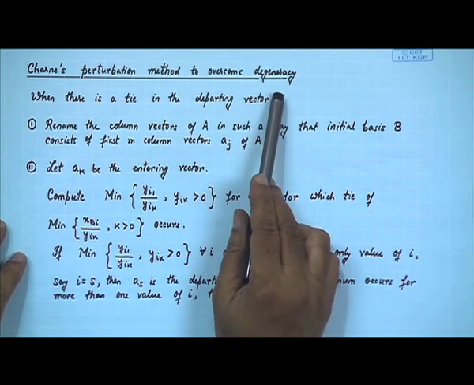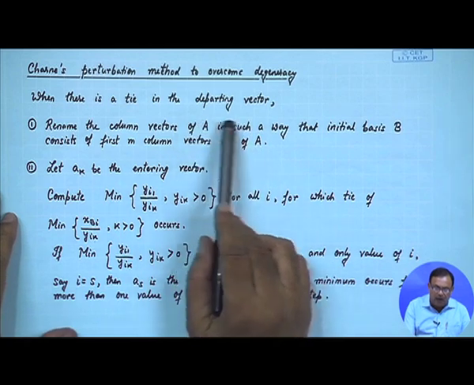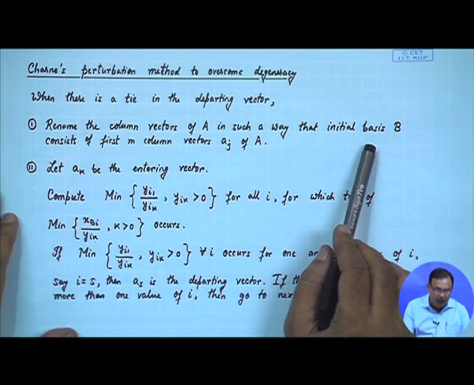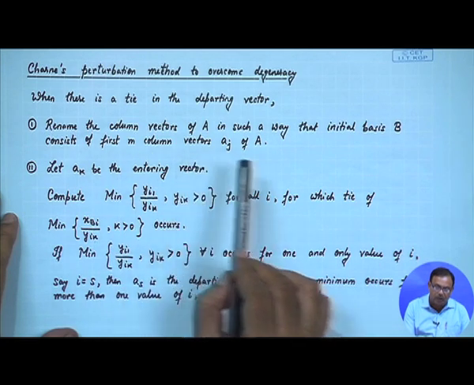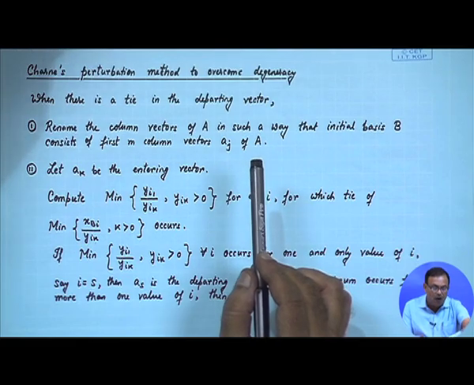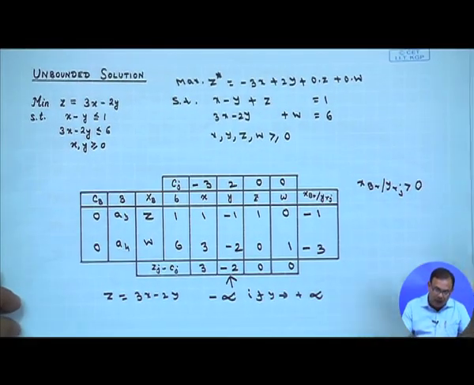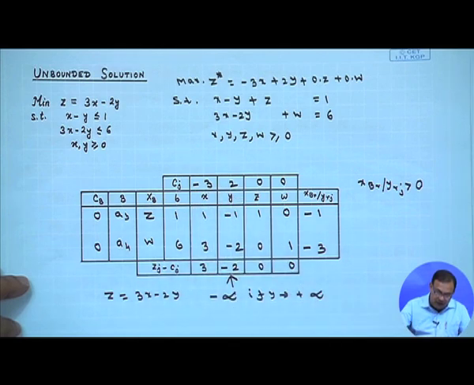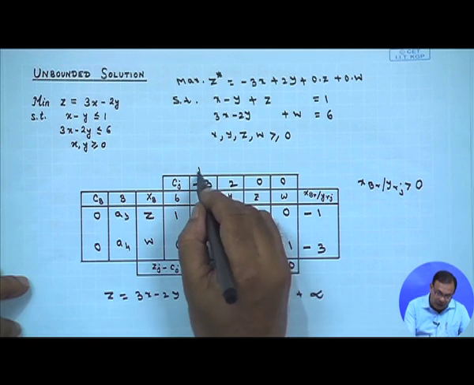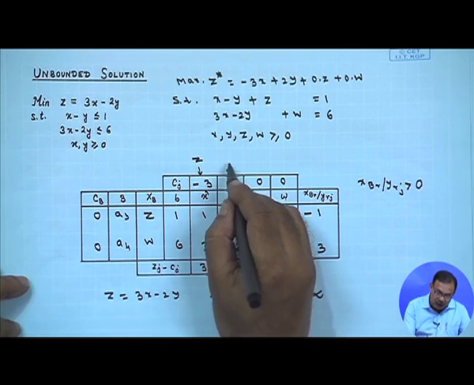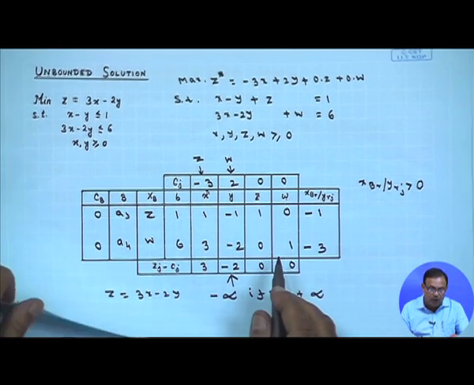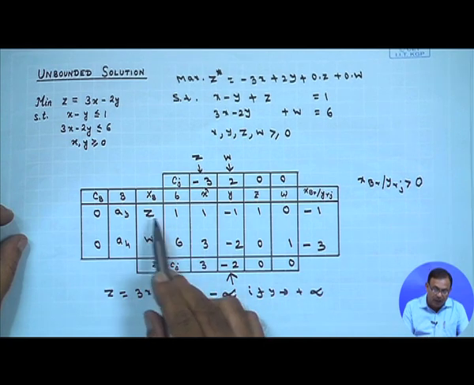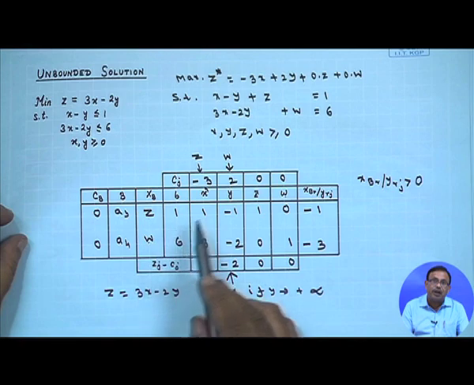Charnes perturbation method to overcome degeneracy. When there is a tie in the departing vector, number one, rename the column vectors of A in such a way that the initial basis B consists of the first m columns of vectors Aj of A. In other words, here your basic variables are Z and W. So you consider this as Z, the first column, and this as W. Whenever there is a tie, you consider the first column as the first element of the basis and the second column as the second element of the basis.